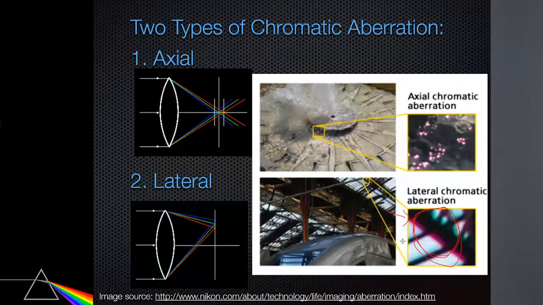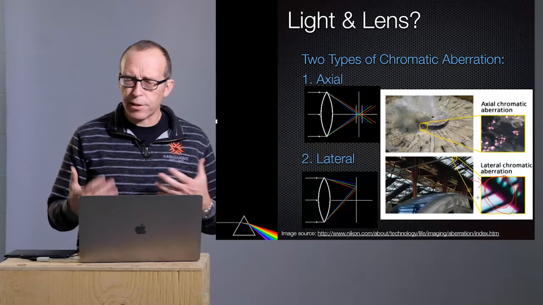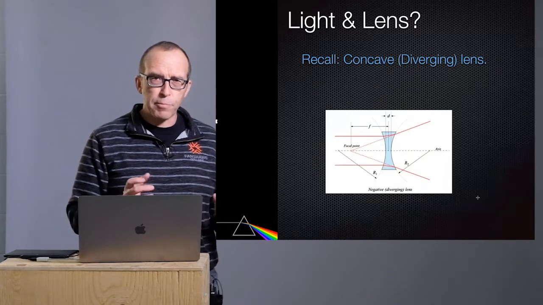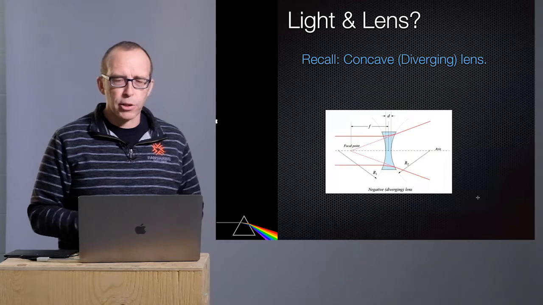I think about landscapes, and if you look at some tree branches, you might see some of this fringing that's going on, and you can actually correct for some of that in Lightroom. Anyways, I'm sure all of you have encountered it. There's always, at some point, a weak point in the lens somewhere where you'll see that.